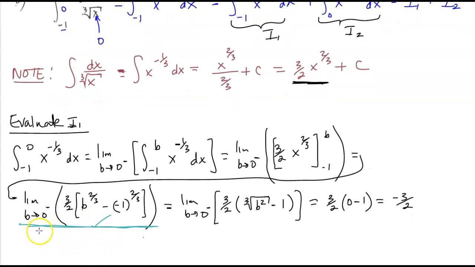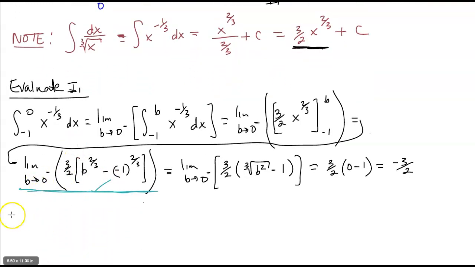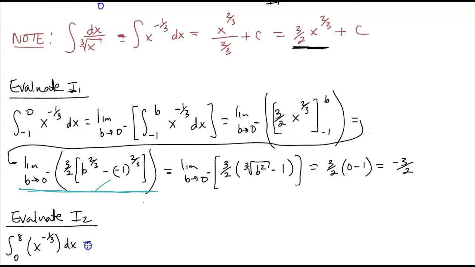All right, so let's go ahead and do that now. So now we're going to evaluate I2, and that's just going to be the integral from 0 to 8 of x raised to the -1/3 dx, and that's going to be the same as limit as, and in this case, instead of writing a b, I'm going to write an a.